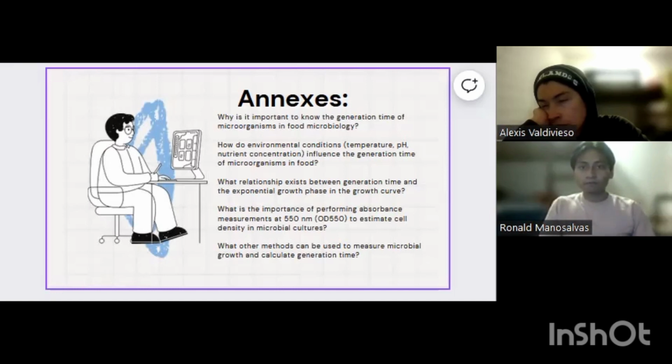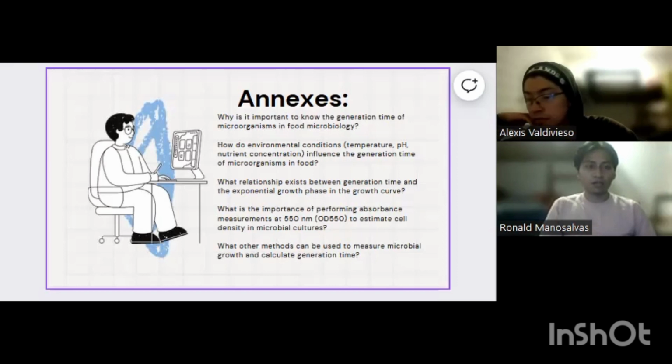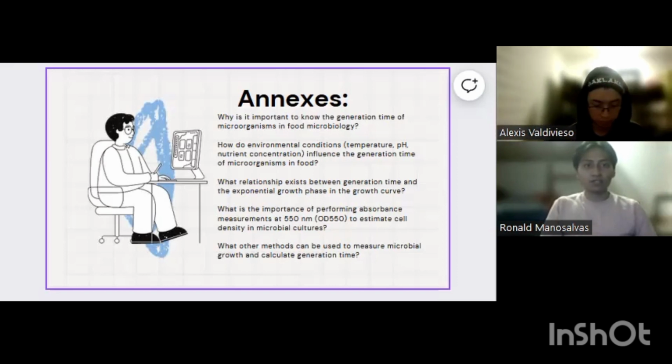Okay. What relation exists between generation time and the exponential growth phase in the growth curve? Okay. Measuring absorbance at 550 nanometers is a technique used to estimate the cell density in microbiological cultures.